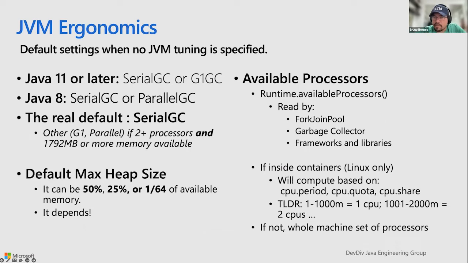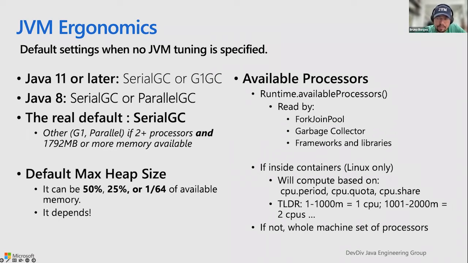Now, the number of available processors that the JVM sees is also a moving target, and it depends, especially if you're running inside containers. And the number of available processors is important information for the JVM for a variety of things. It will help frameworks and libraries configure thread pools for doing parallel work.